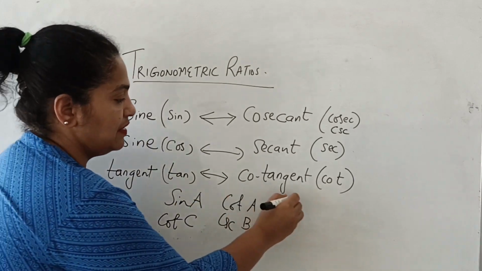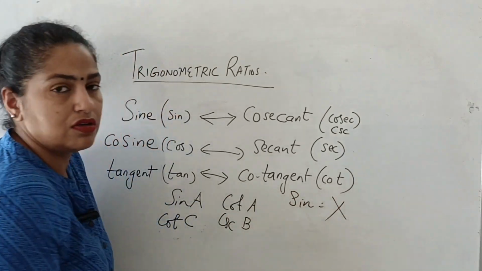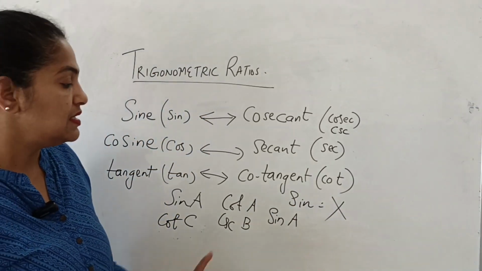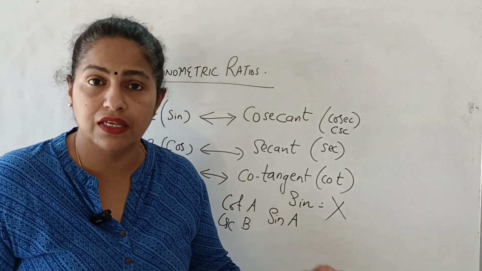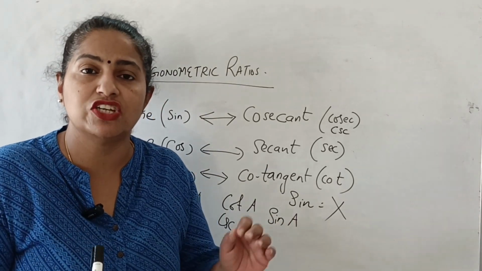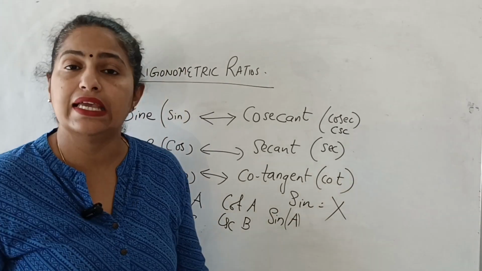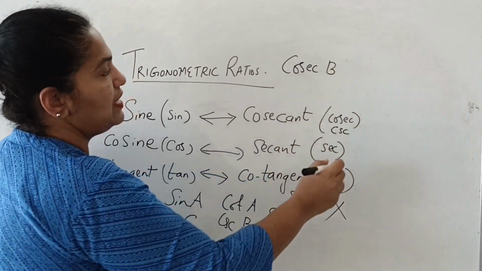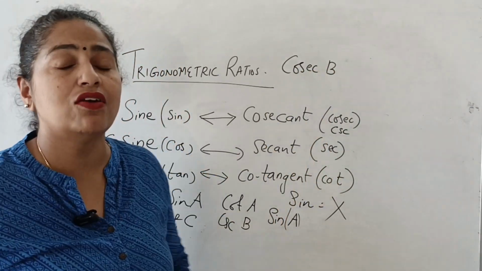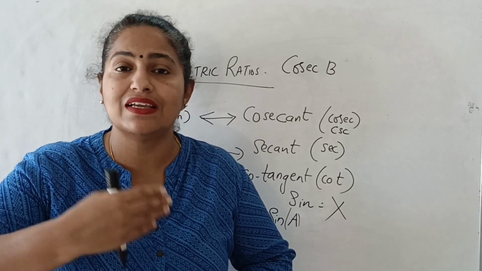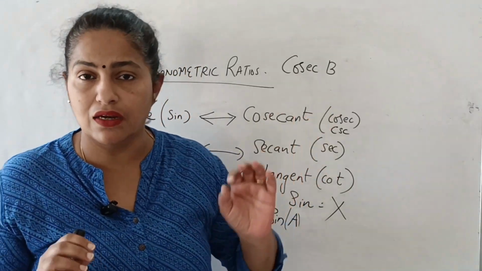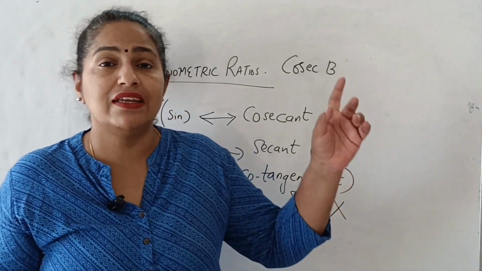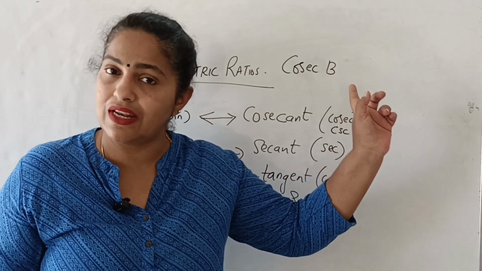So, always understand this is wrong. This is correct. Sine of A is not sine into A. It is the trigonometric ratio sine of the angle A. Cosec B is not cosec into B. It is the cosecant value or the trigonometric ratio cosec of the angle B. Okay, that is how you should understand it. It is not multiplication. It is a trigonometric ratio of this particular angle.